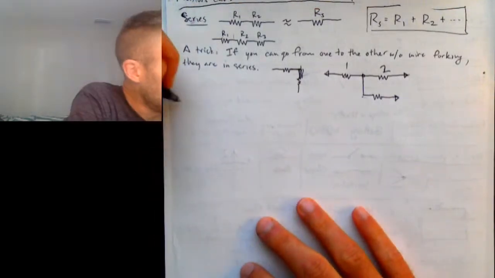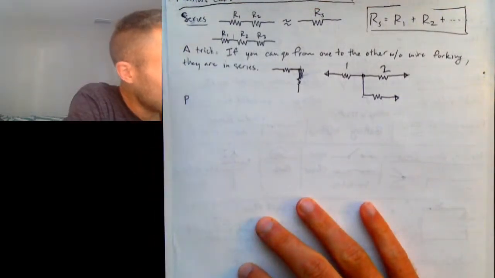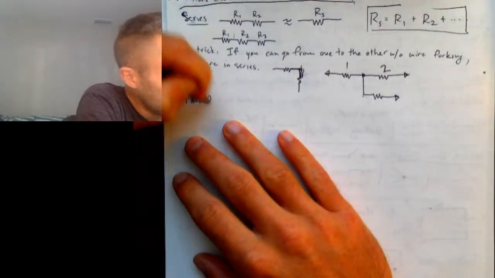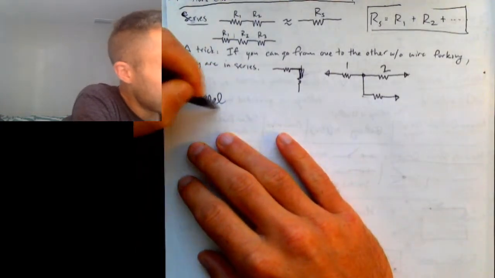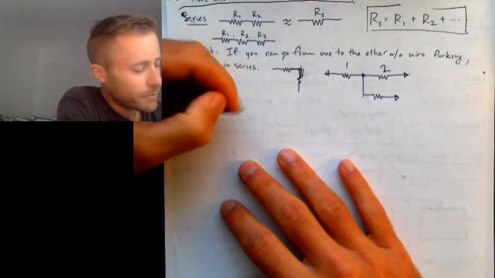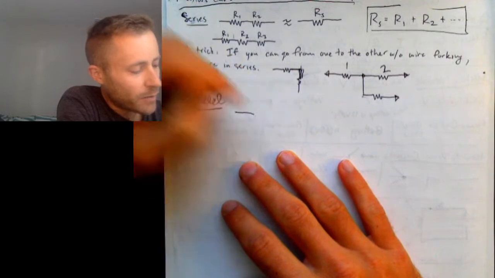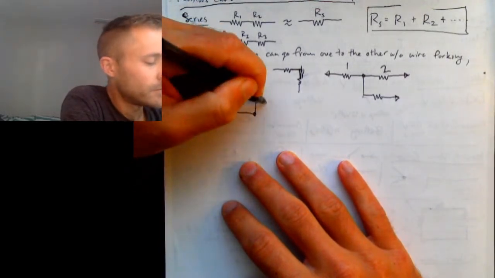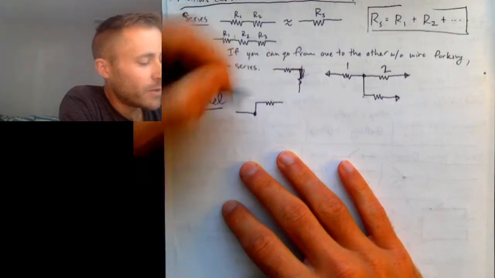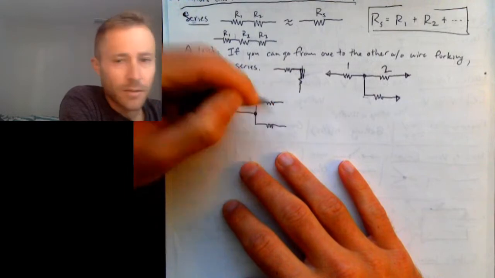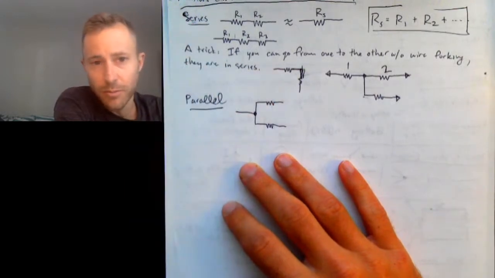The other way that you can connect resistors is in parallel. So parallel looks like this. You have a wire, and the wire forks. Then you have a resistor in each branch, but only one resistor in each branch.